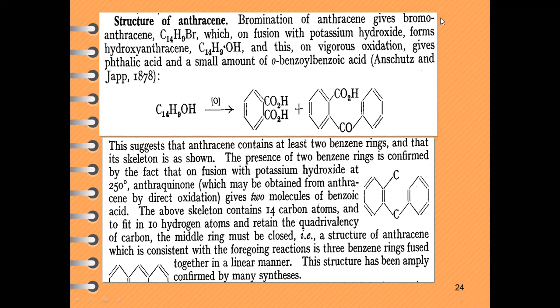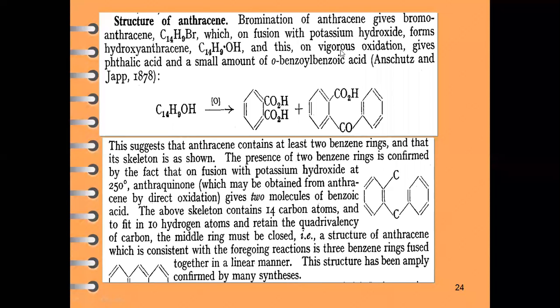Now, the problem is the skeleton contains 14 carbon atoms, which will be fitted with 10 hydrogen atoms and retain the quadrivalency, that is carbon valency 4, in this structure. The middle ring must be closed.